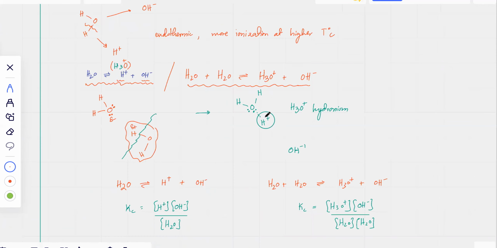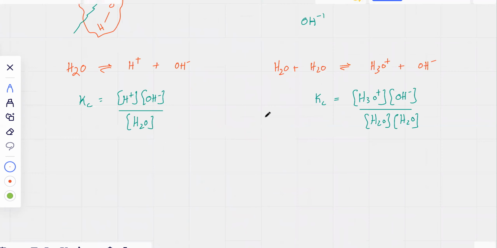So remember, when water is in large excess, or anything that's in large excess, its concentration is taken as a constant.